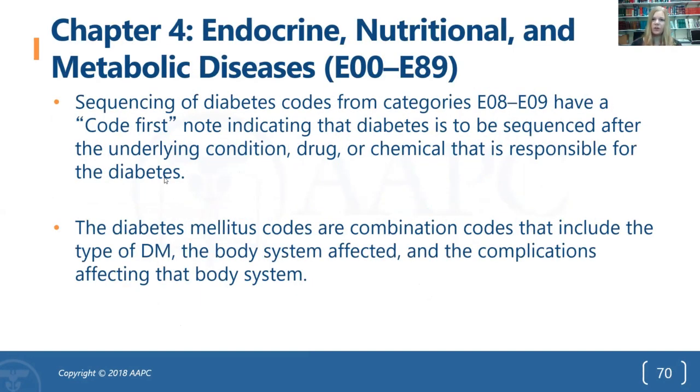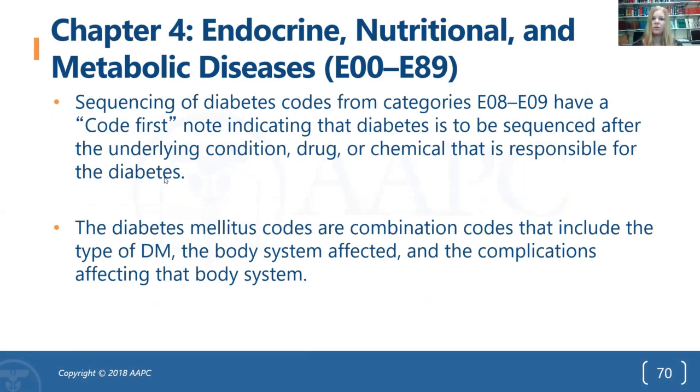Sequencing of the diabetes codes in the range of E08 through E09 has a code first note indicating that the diabetes is supposed to be sequenced after the underlying condition, drug, or chemical that is responsible for the disease. Remember, the diabetes codes are combination codes that include the type, the system affected, and the complications affecting the body system.